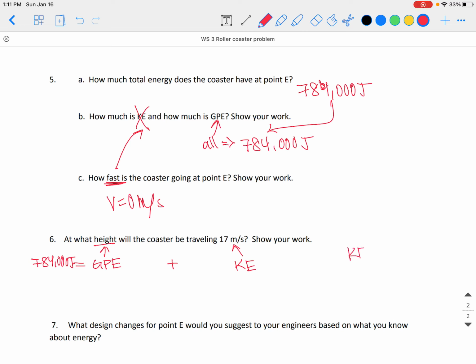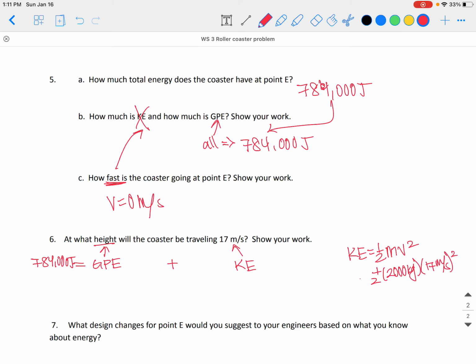Kinetic energy, I'm going to do it on the side, is 1/2 mass times velocity squared. So I know that my mass is 2,000. I know that the velocity is 17 meters per second, and I'm going to square that.